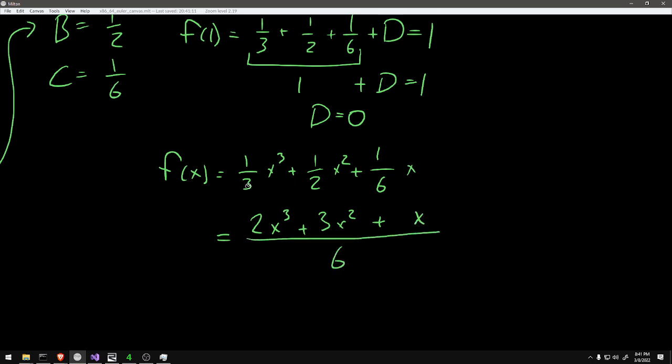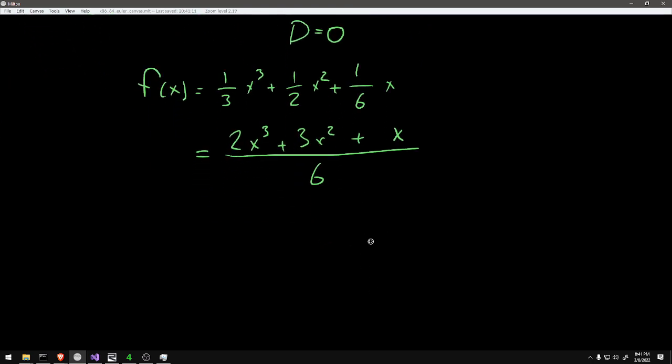So this became 2/6, this became 3/6, this became 1/6. Then we add them together. Now we can factor out an x, so we get x times 2x squared plus 3x plus 1 over 6.